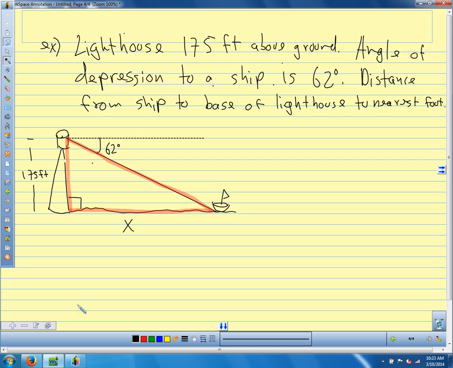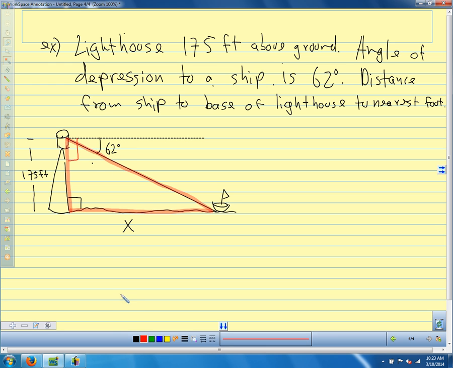Or are you just stretching? All right. So we need our angle inside the triangle to use trigonometry. So we can do it a couple of ways. How could we find this angle if we wanted to use it? What is this whole angle? 90 degrees. So we could find the angle inside the triangle by subtracting 62 from 90.